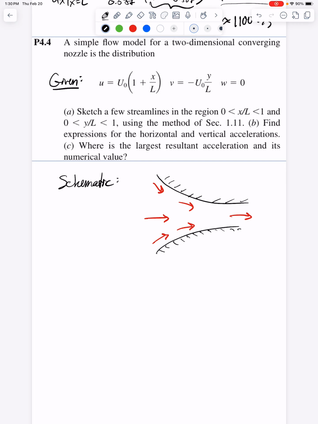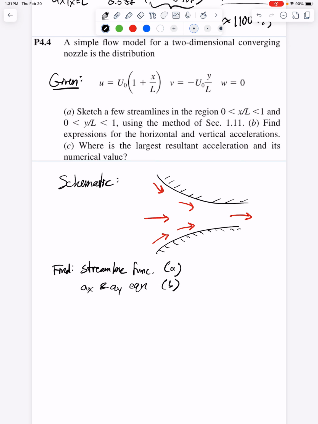Okay, we're now going to be solving for a few things. We're interested in finding, first, some streamlines in the flow field, and I'll talk more about that in a bit. Streamline functions. We're also interested in finding the formulas for horizontal and vertical acceleration, so formulas for ax and ay.